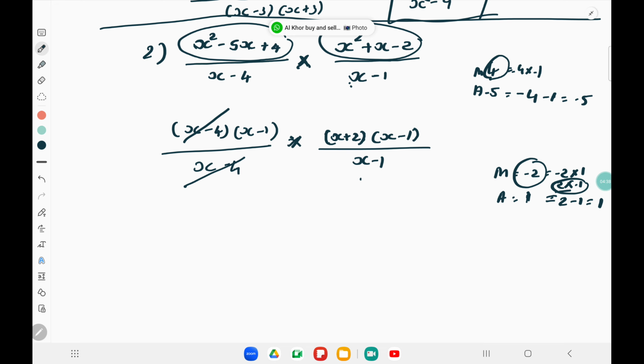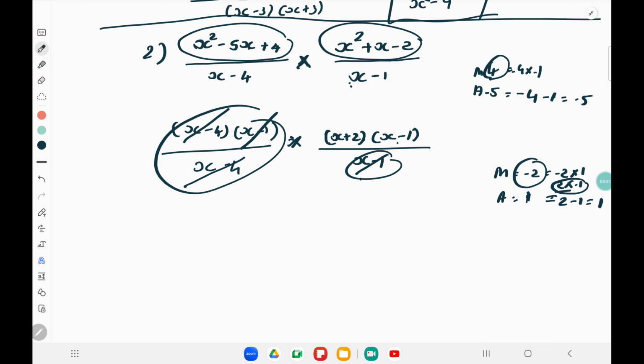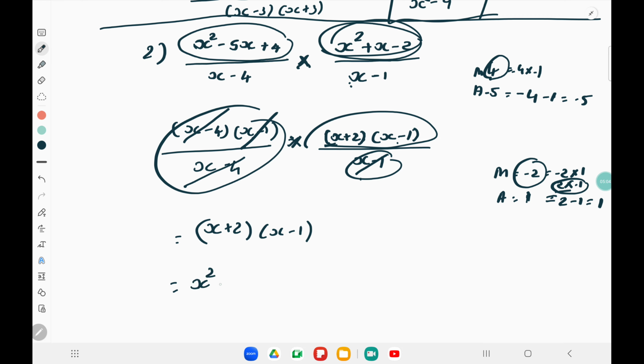Here it is a multiplication sign, so I simply cross out wherever it is possible. x minus 4 and x minus 4. x minus 1 here also, here also. You can cut either one, wherever you want. So everything cancels down, the denominator cancels down, so only the numerator remains. The numerator, either you write (x plus 2)(x minus 1), or you can write just this: expand the bracket, x square plus 2x minus x minus 2.